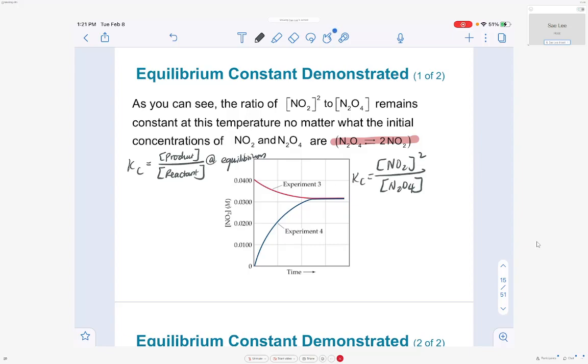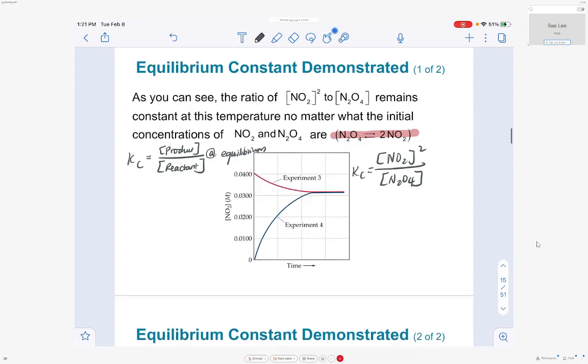Whether you're starting the reaction from the reactant side or the product side, the ratio of equilibrium concentration of reactant and product will be the same. This graph is showing that no matter what direction you start, you will have the same equilibrium concentration of NO2.